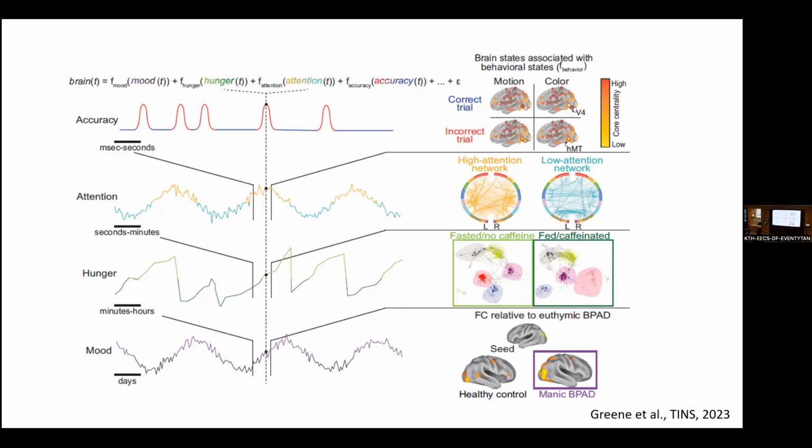And then, of course, you have mood changes. And this is an example from bipolar affective disorder, where you have mood changes over time, and that could take days or weeks or months. And you can talk about states for that as well. So the concept of states is kind of complicated, at least.